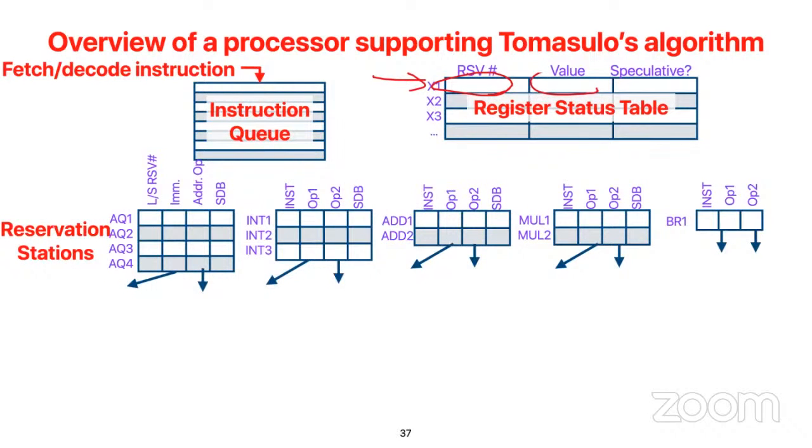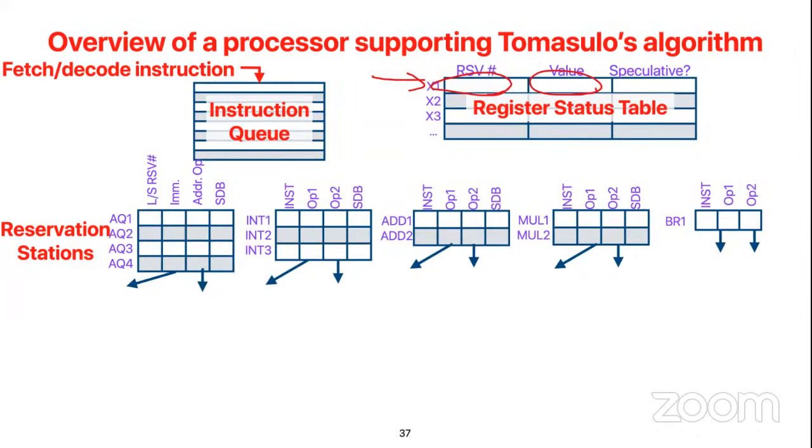And then I have a few reservation stations that are associated with each functional unit. Each reservation station would contain the target. For example, the address queue is associated with load store instructions, so it will further tell you the reservation station number for the load store instruction, the immediate field, the address, and the address operation.